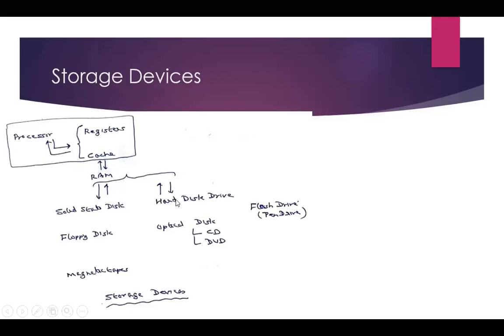The other form of physical or non-volatile memory is the hard disk drive, which we all know every computer contains inside it. The hard disk stores our data, and our data is stored in the form of files or computer files.